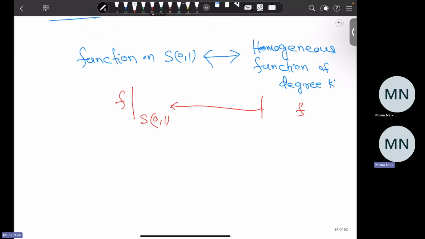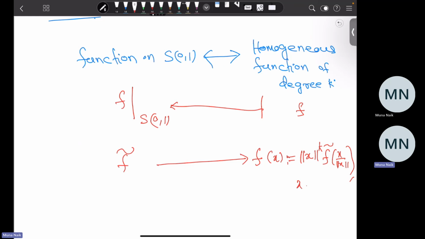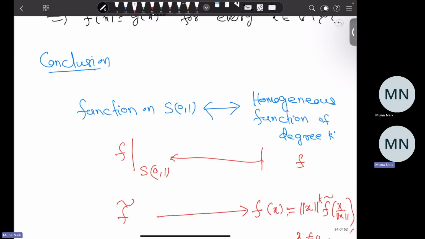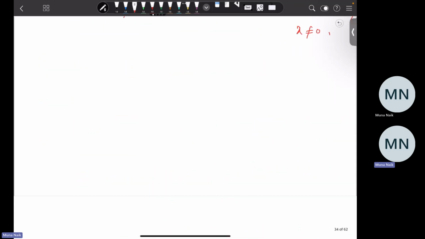Now conversely, if f tilde is a function on S01, I can define f as a new function f(x) by this: norm of x to the power k times f tilde of x by norm x, for x not zero. So the thing is a homogeneous function of degree k and is nothing but a function on S01. There is a one-to-one correspondence.